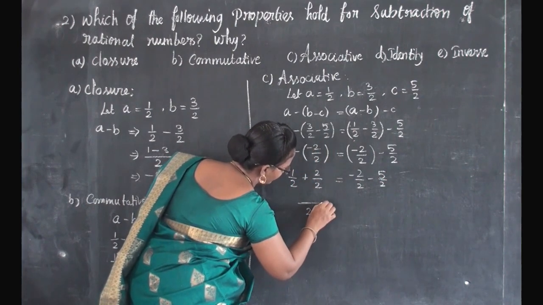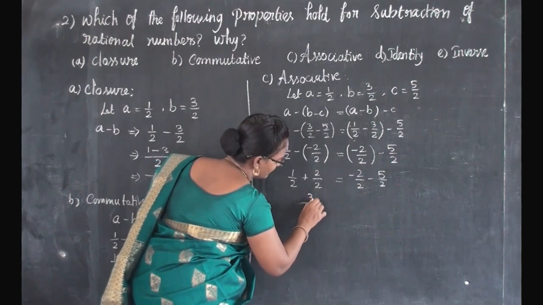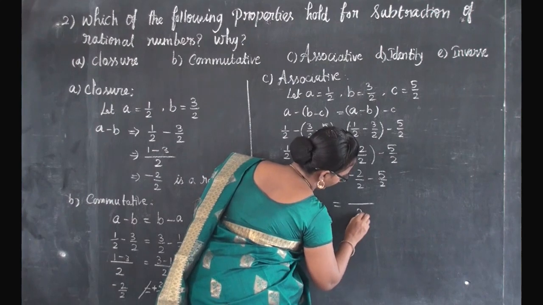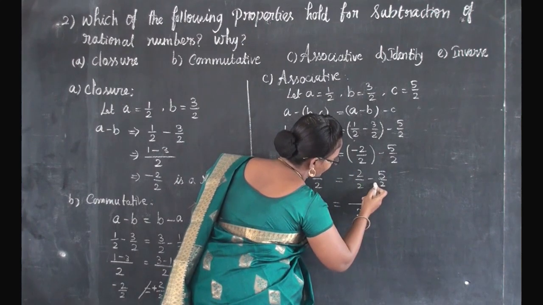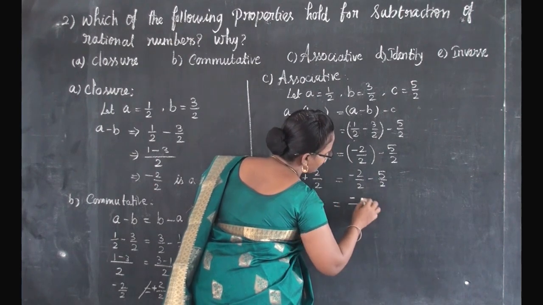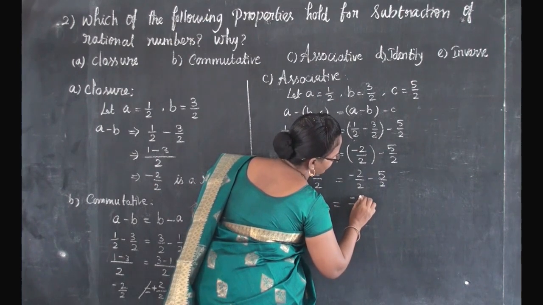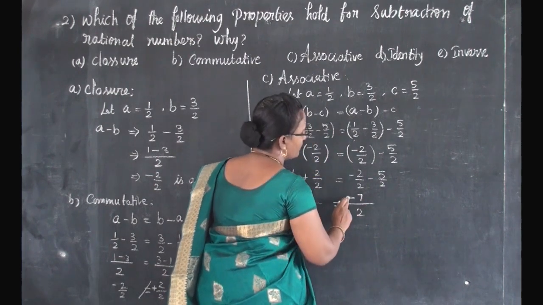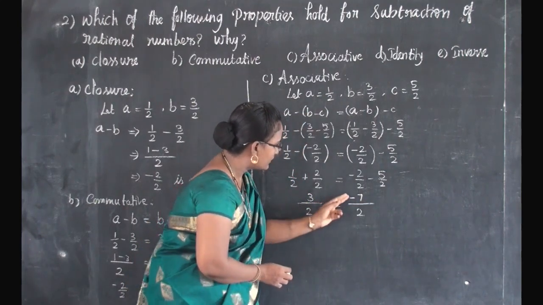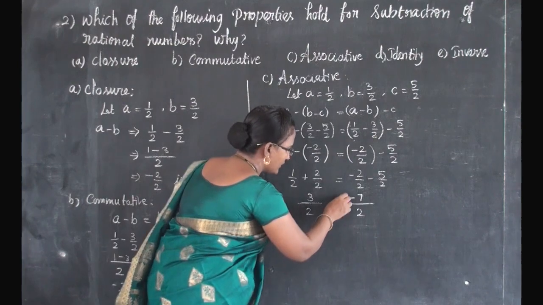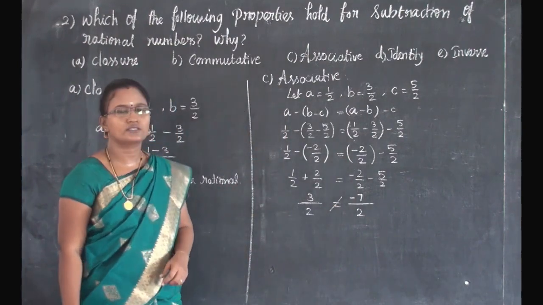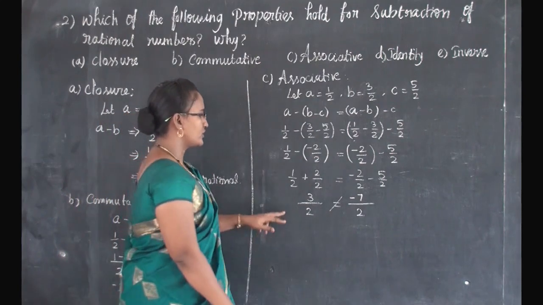Denominators are same. So add the numbers, 3/2 we get. And then here minus 2 minus 5, same sign. So add these numbers, 2 plus 5 we get 7. So -7/2. Here 3/2. Here -7/2. That is not equal. So associative property is not satisfied under subtraction.